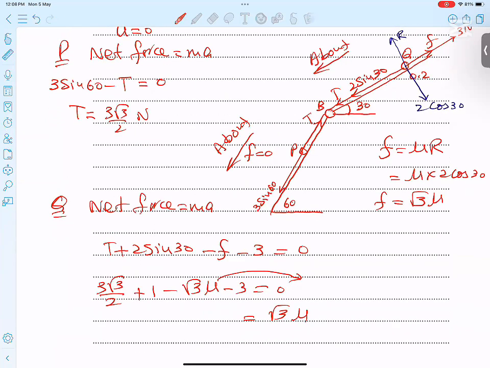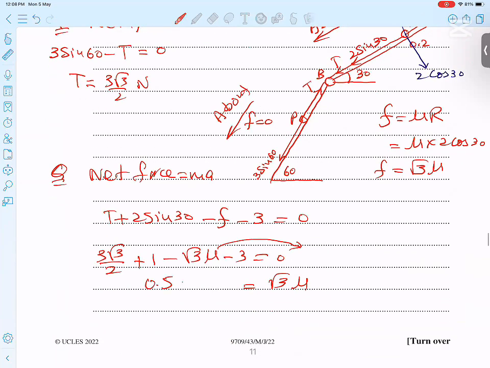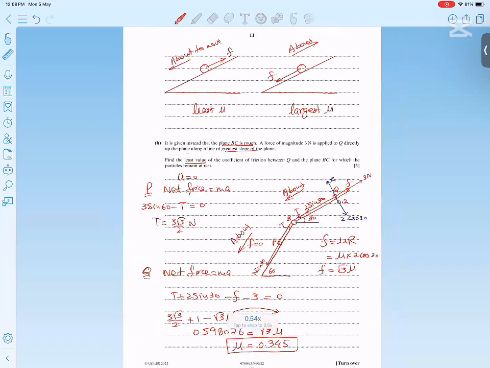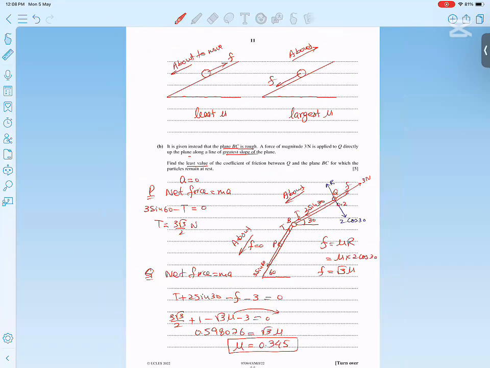So if I add plus 1, I'm getting this value 0.598076 and divided by root 3. And my answer is coming finally, the mu value is 0.345. And I hope the concept is very, very clear. So be careful, especially for the least and the largest. So I hope the concept of the question is clear.